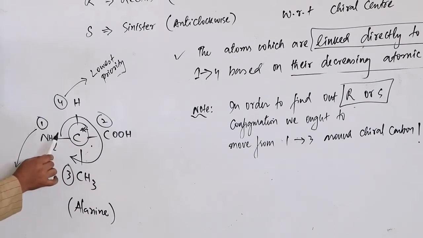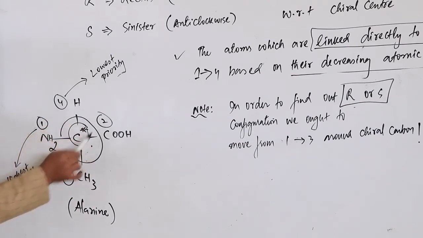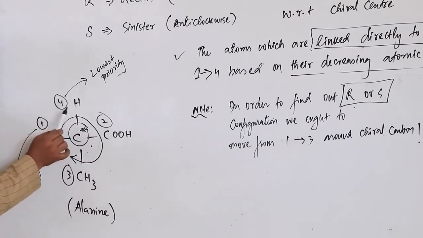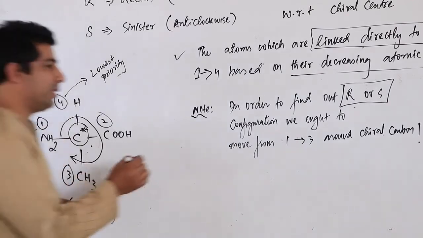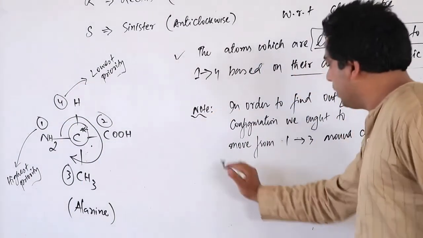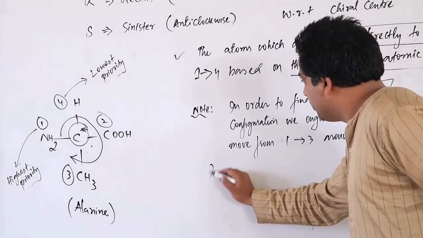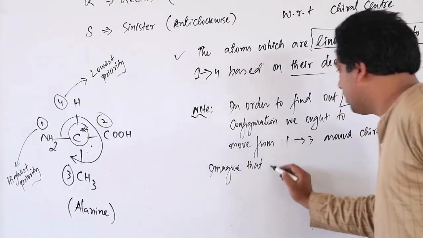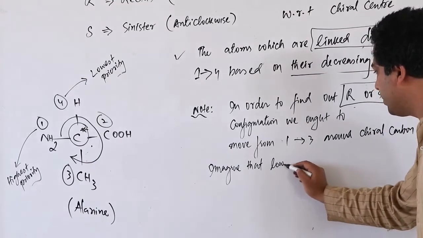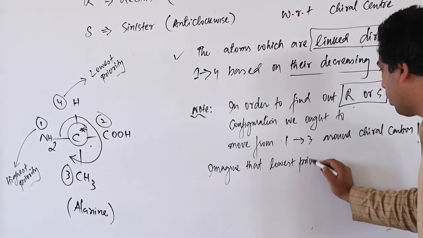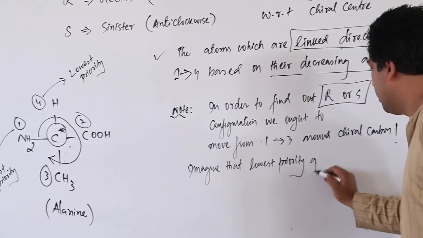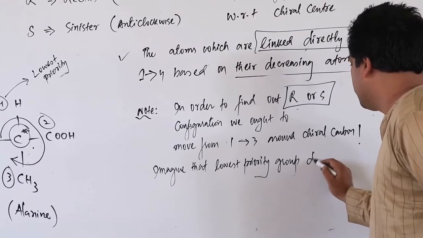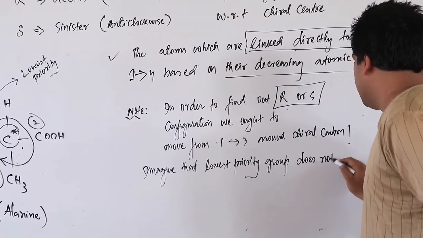Now you will be thinking that I am moving from 1, 4, 2, 3. First, think that the fourth one, you should also understand. Imagine that the lowest priority group does not exist.